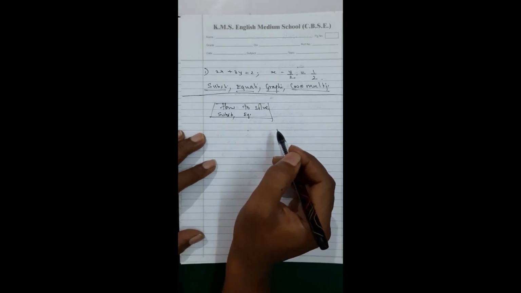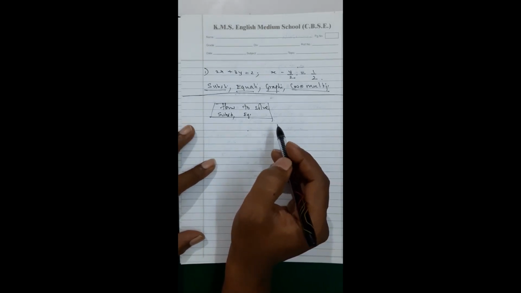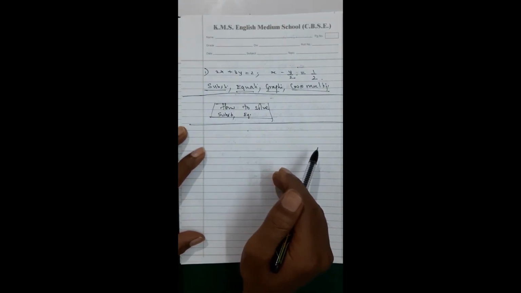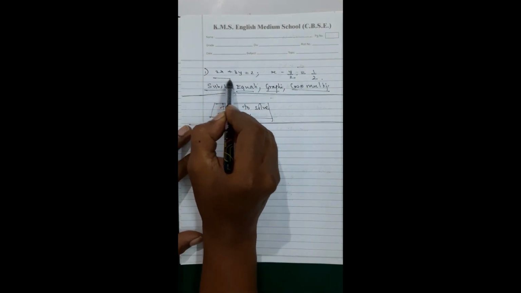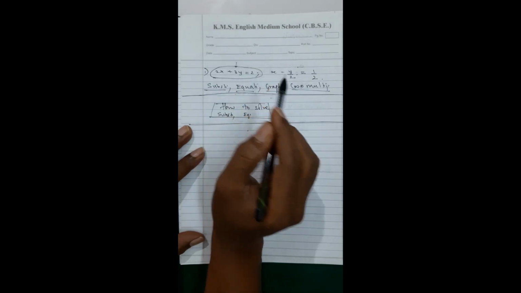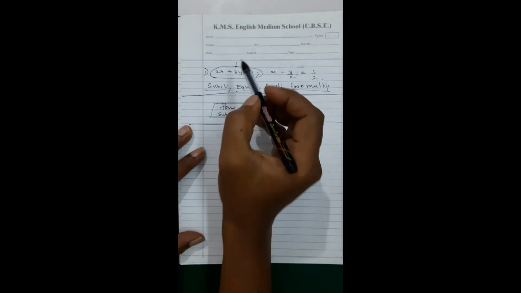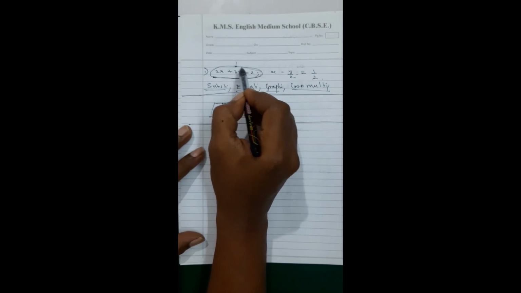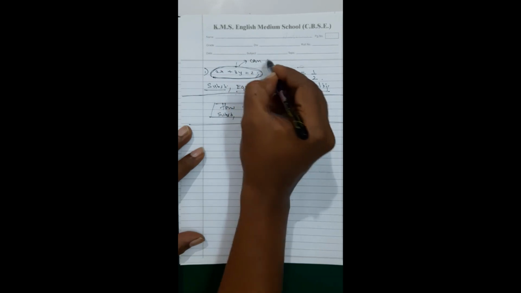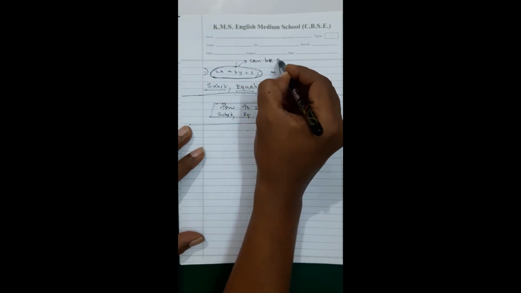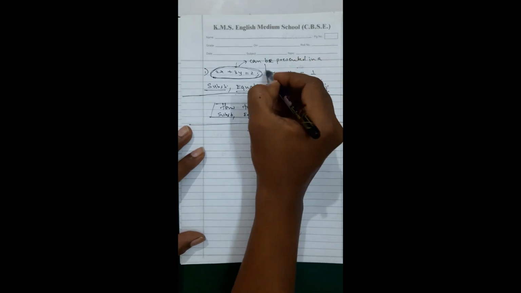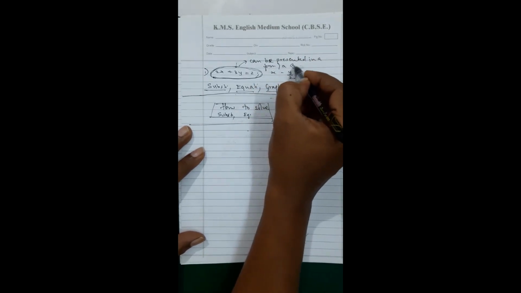Certain important things if we revise in linear equation in two variables is that, dear students, each equation, I'm talking about each equation, which is a linear equation in two variables, can be presented in the form of a graph.